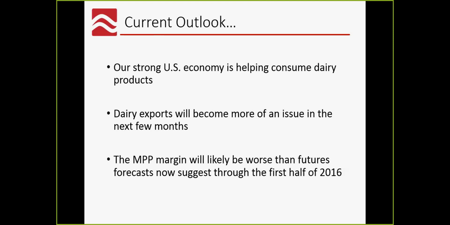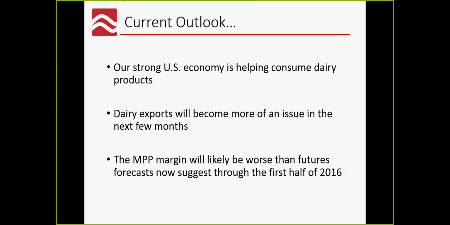I'll tell you what, when I started looking at this a couple weeks ago, the margin has gotten a little stronger, mostly on lower feed prices and on higher butter prices. So I still think there's more downside risk in that margin than upside risk.